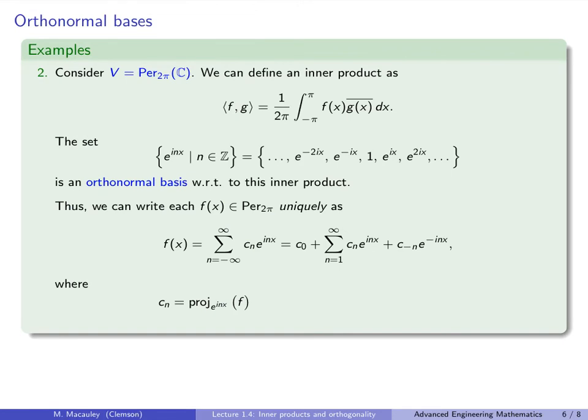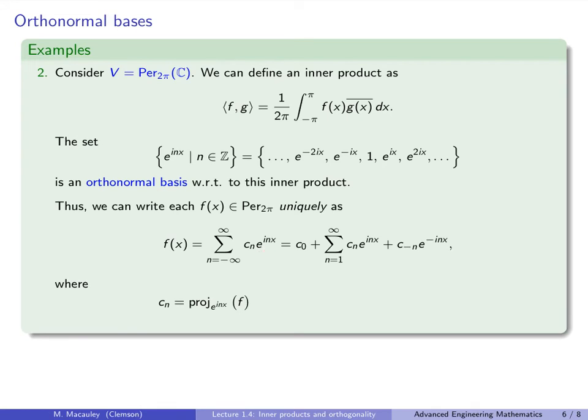That means, because this is a basis, we can write each 2 pi periodic complex valued function uniquely as the following. f of x is some linear combination of these basis vectors.